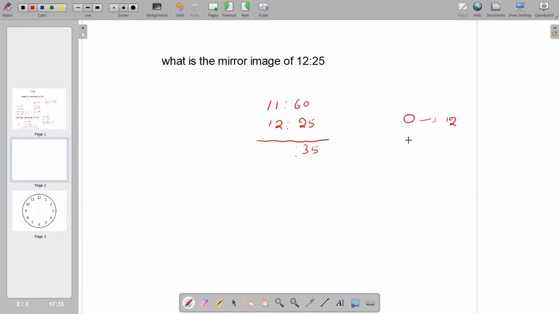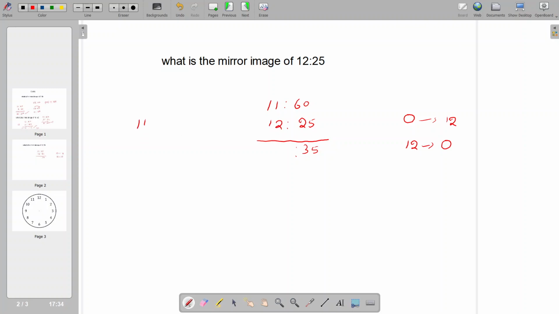Similarly, if we see 12, we need to replace it with 0. If we see 0, we need to replace with 12. So here we need to replace this 12 with 0.